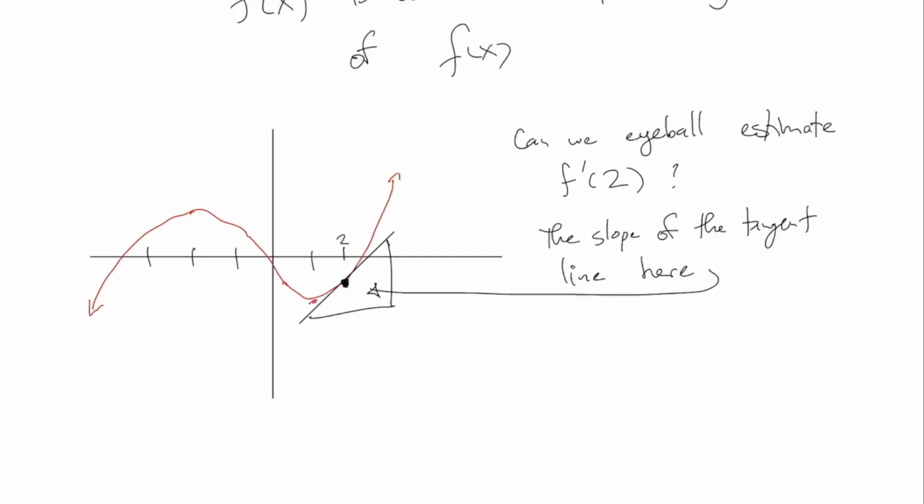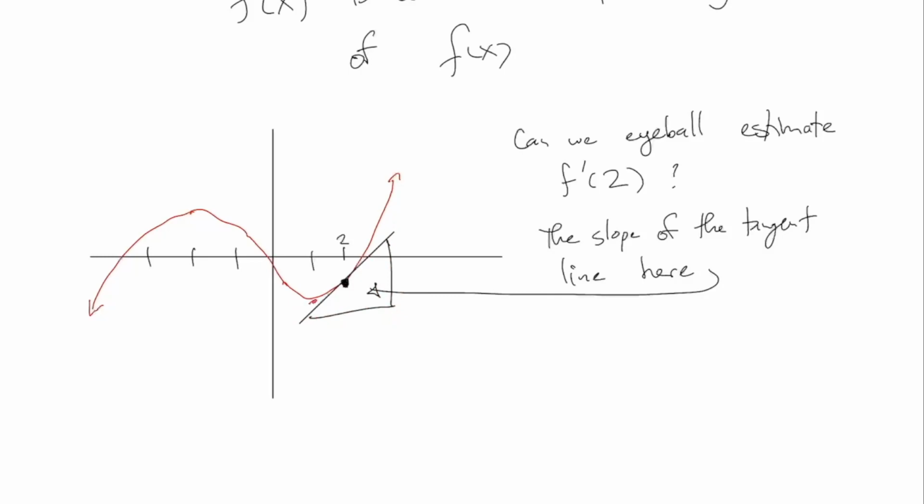Anyone remember what the slope of such a line is? Like in my triangle here, if this triangle goes over 1, just because it's a 45-degree line, it means it goes up by 1 also, right? That's what a 45-degree line does.